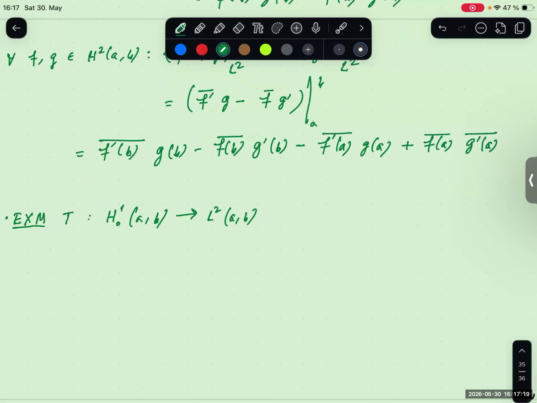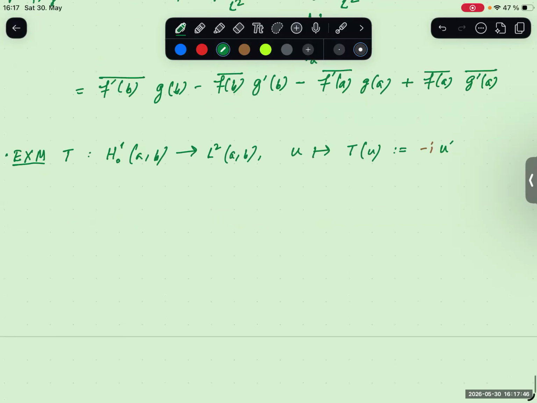We didn't define T here. So how is T defined? You take an element u, and T of u is given by minus i times the first derivative of u. This is a matter of convention; I will use minus i.